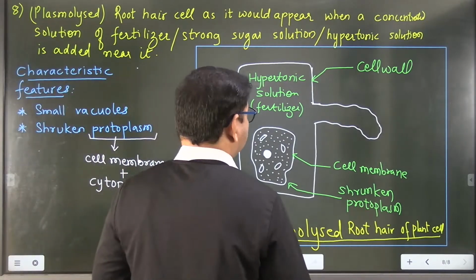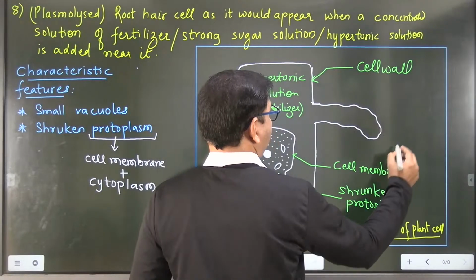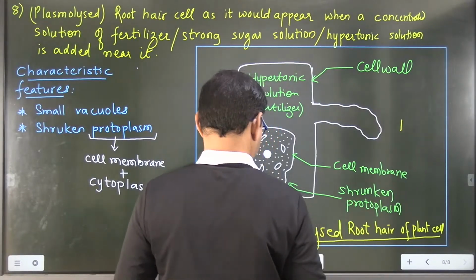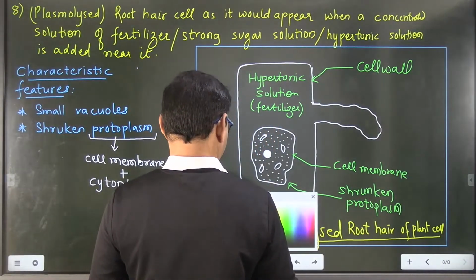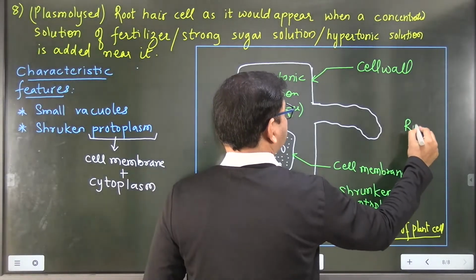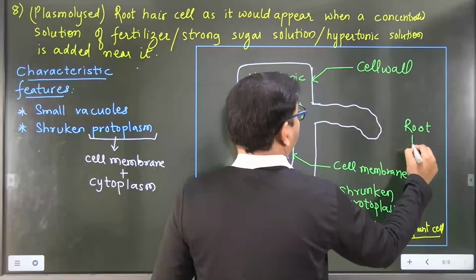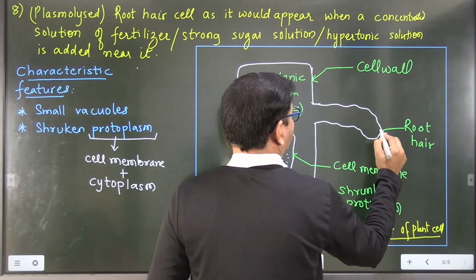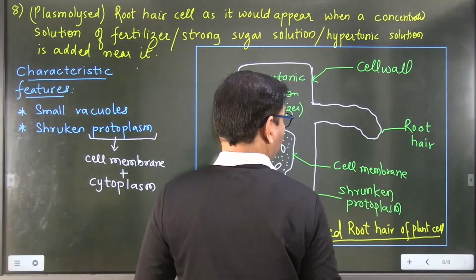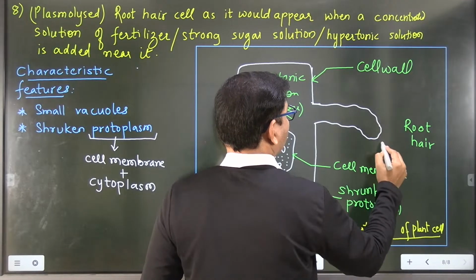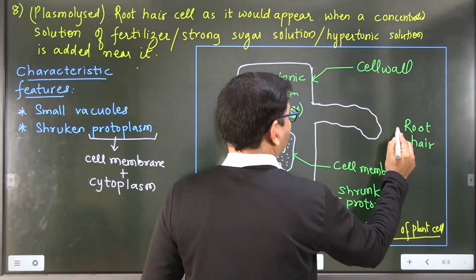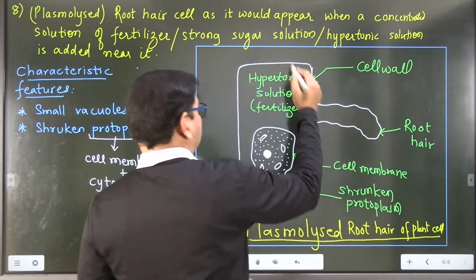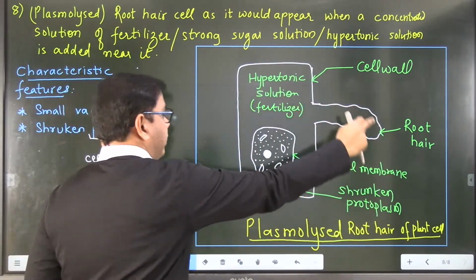You can label this as root hair. You can label this as root hair. This cell is the root hair cell and this is the root hair.